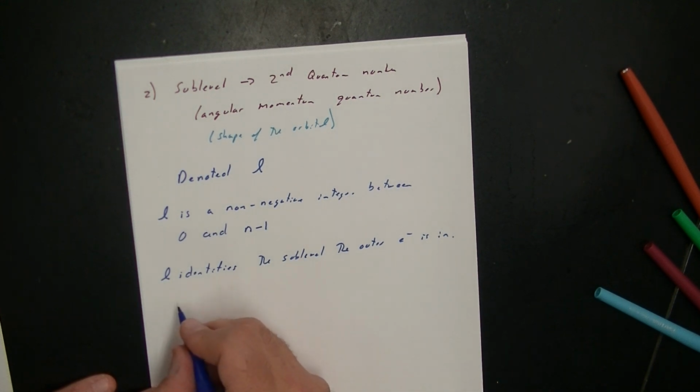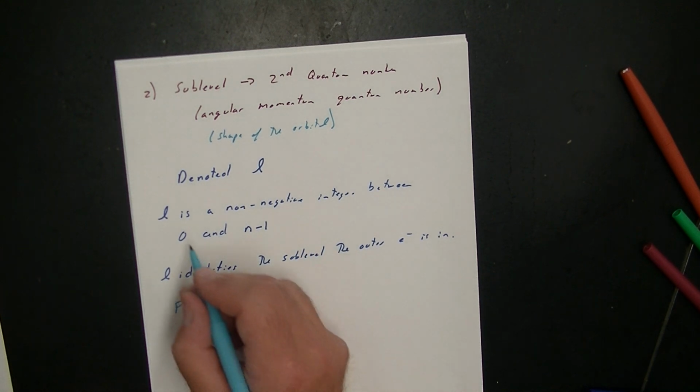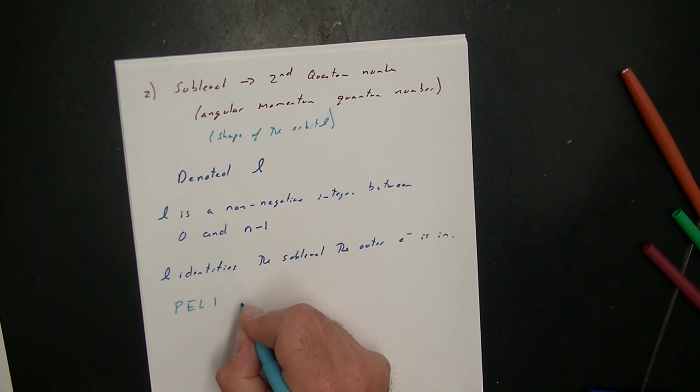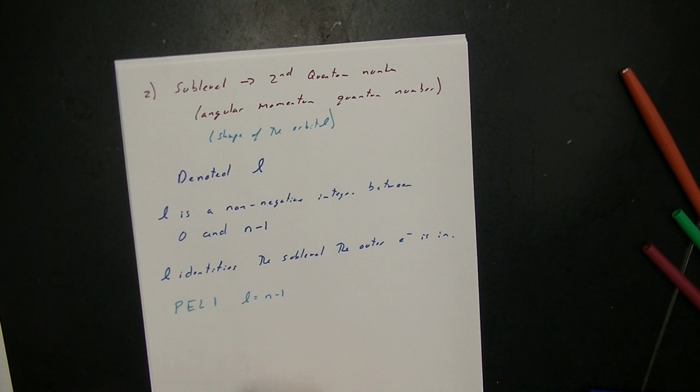So, let's look at principal energy level number 1. To come up with L, L is going to equal n minus 1. We are in n equals 1, so 1 minus 1 equals 0. This is L if we're in PEL number 1.